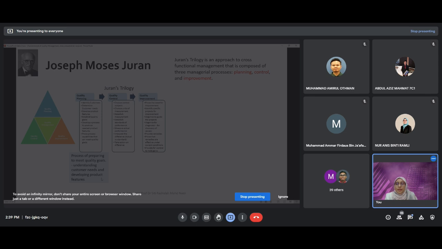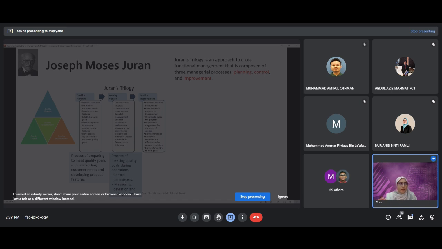So these are the processes to understand what the customer wants and how to produce the product. And quality control is the process that meets the quality goals during operation. So when the project kicks off, how do you control the quality? There will be control parameters.